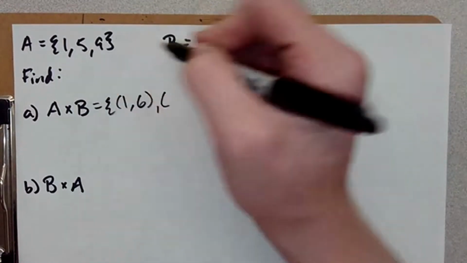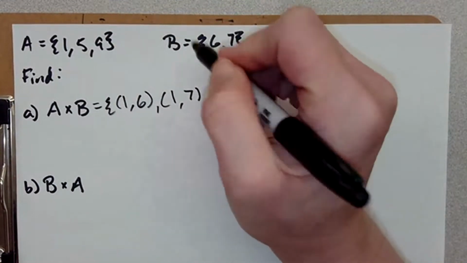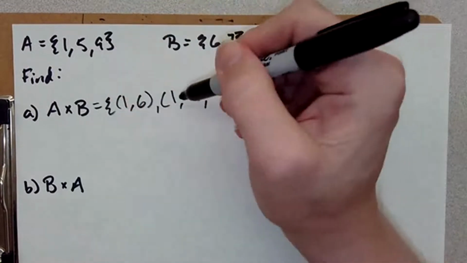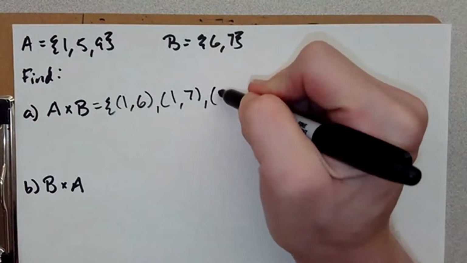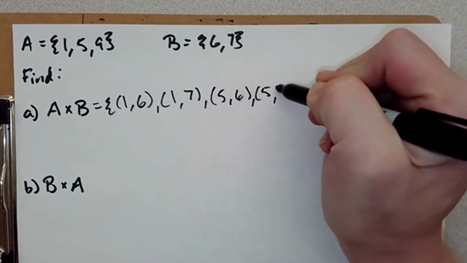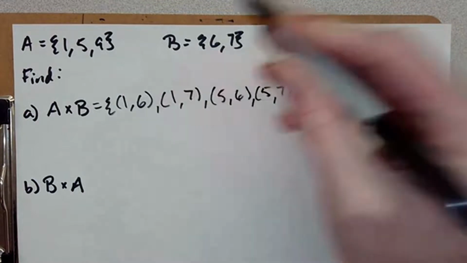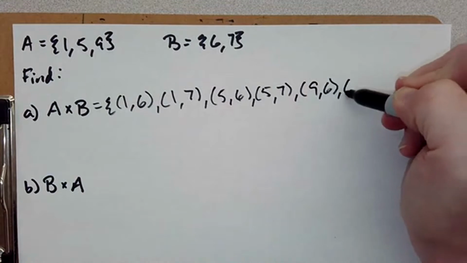And then we'll take the first element of A, 1, and the second element of B, 7. Okay, we've done first element of A, each element of B, so now we do the second element of A. We get (5, 6) and (5, 7). And then we take the last element of A, (9, 6) and (9, 7).